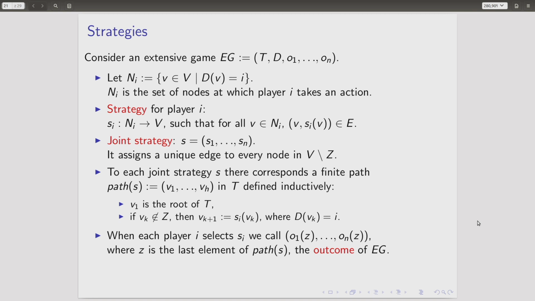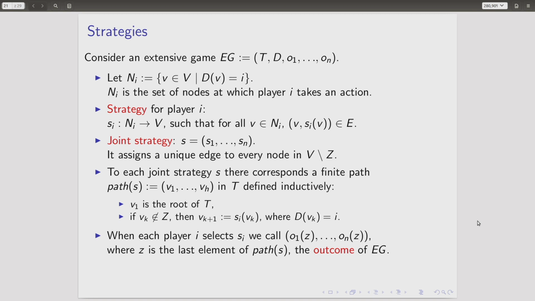So in every situation in which it's the computer's turn, this program should mention which move to make. So the strategy which is generated by this computer program is a recipe of how to move.